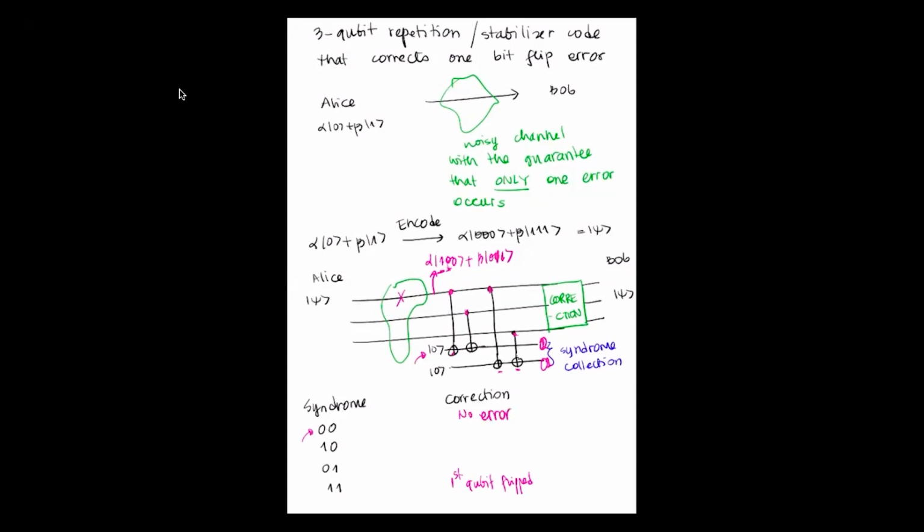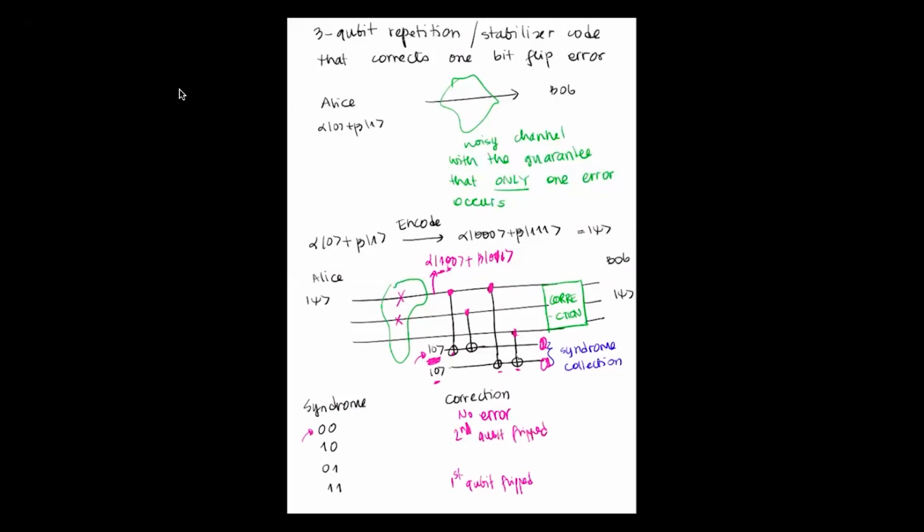If your syndrome measurement is 1 0, which means that on the first ancilla, it flipped once, but on the second, it didn't flip. So if on the second it didn't flip, it means that the first qubit and the third qubit are the same. But if it flipped on the first one, it means that the first and the second qubit are different. And hence it means that an error on the second qubit happened. So the second qubit flipped.